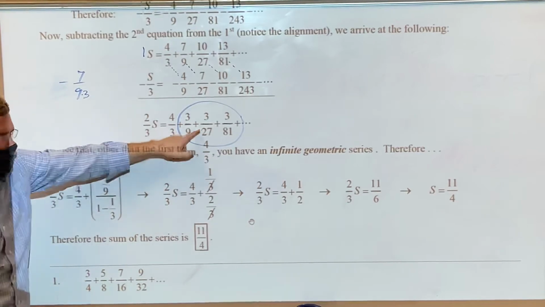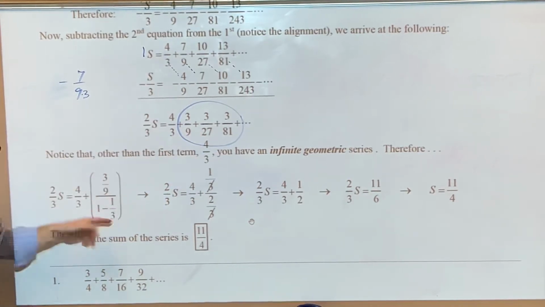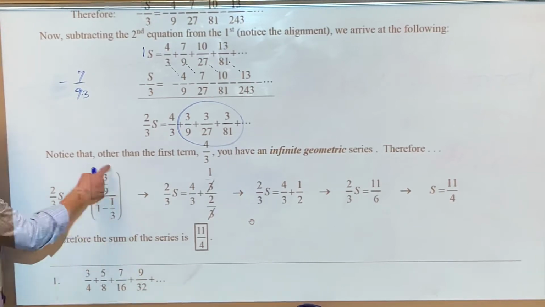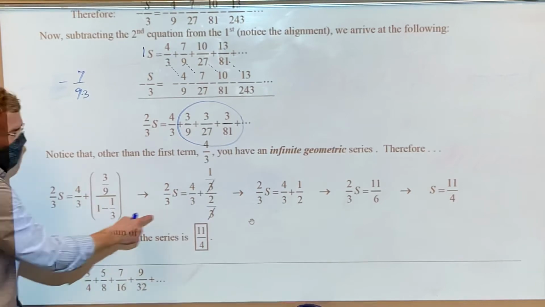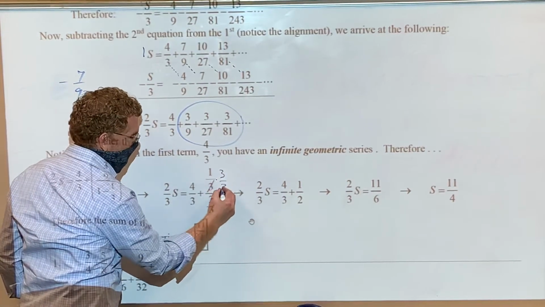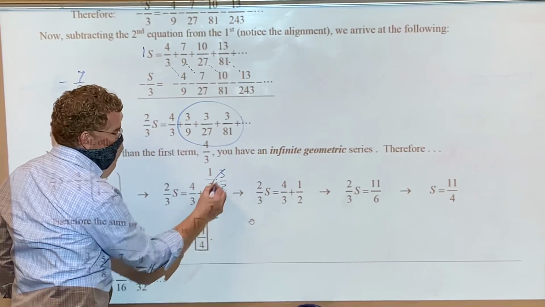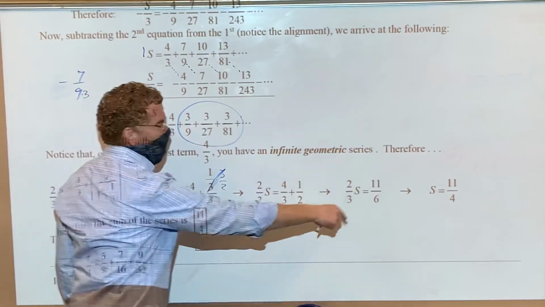My ratio of this is positive 1/3 now. 1 minus the ratio. And all I've got to do is simplify this fraction, which is 1/3 divided by 2/3. And to divide by 2/3, I multiply by 3/2, which cancels those 3's out. So I have 4/3 plus a half, which is 11/6.